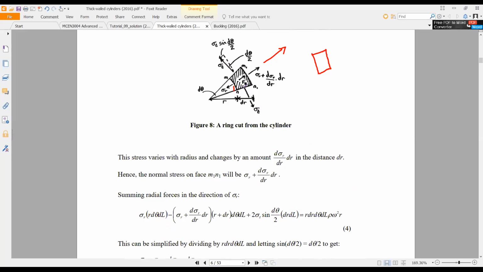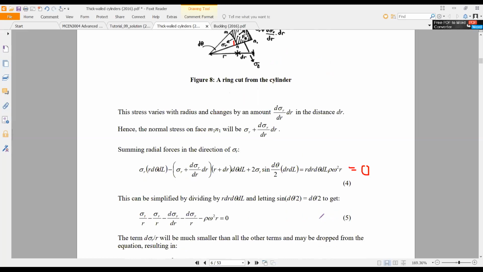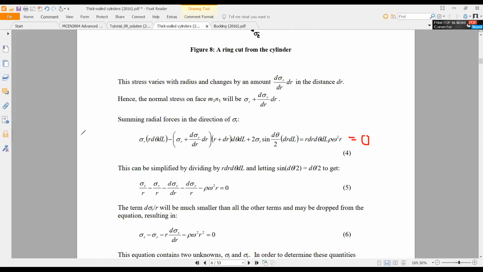This length is dr and the depth is dl, and it should be equal to the centrifugal force, which you already found. Or you put this one as a minus and put the equal sign equal to 0. If you move this one to the other side of the equal sign, then it is plus. So this is the equation. This is a very important equation now.